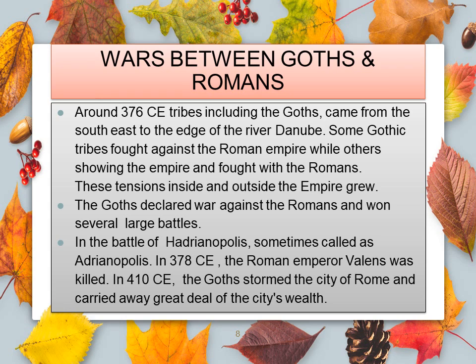Now, these tensions inside and outside started growing more severe day by day. The Goths declared war against the Romans and won several battles. In the Battle of Hadrianopolis, sometimes called Adrianopolis, in 378 CE, the Roman Emperor Valens was killed.